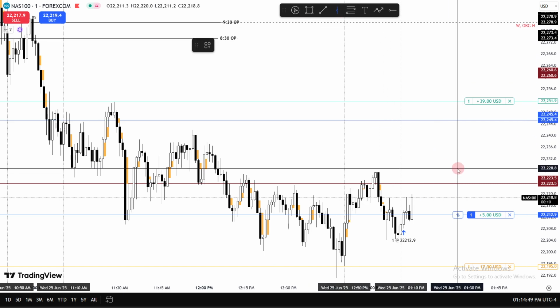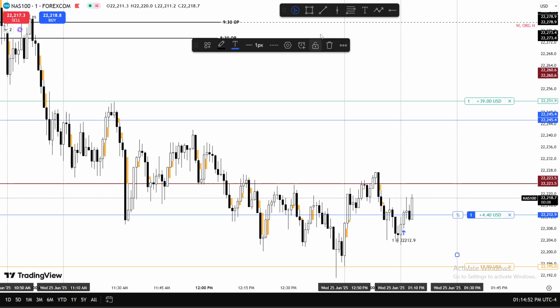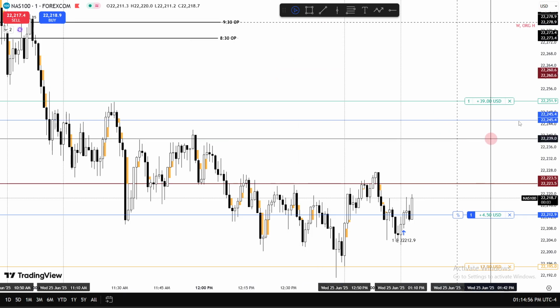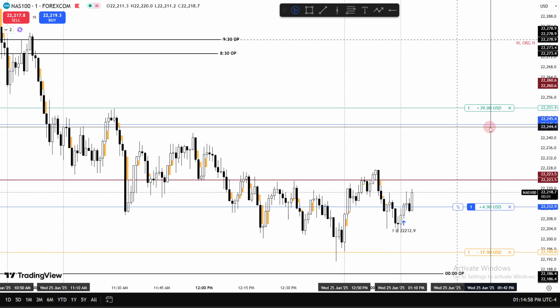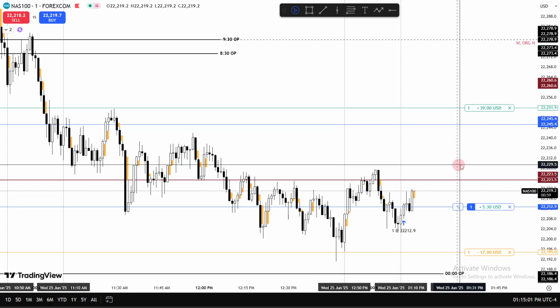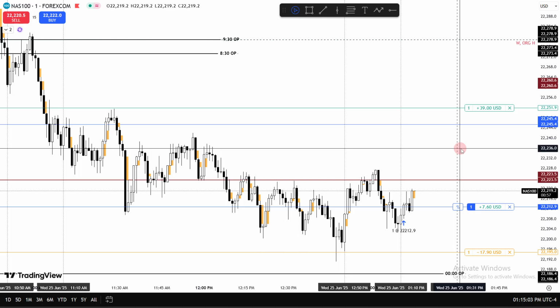This trade I have taken before the 1:30, that is the New York PM session opening, or I would say that at 1:30 the algorithm will start spooling the prices higher.